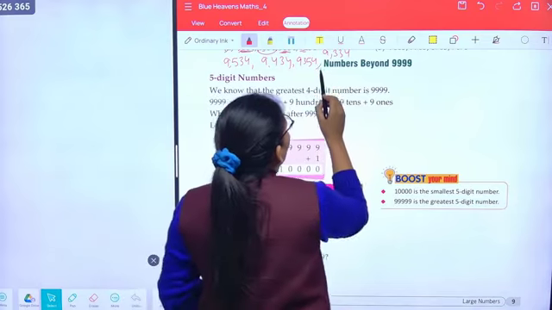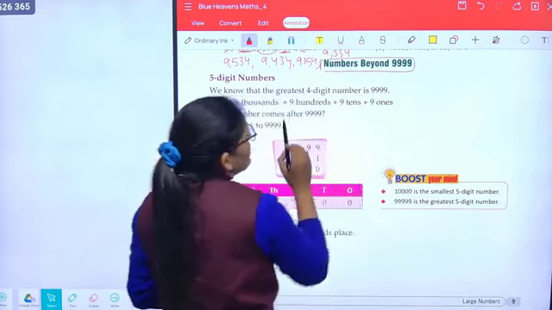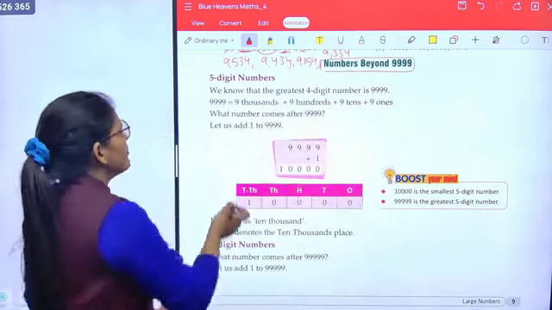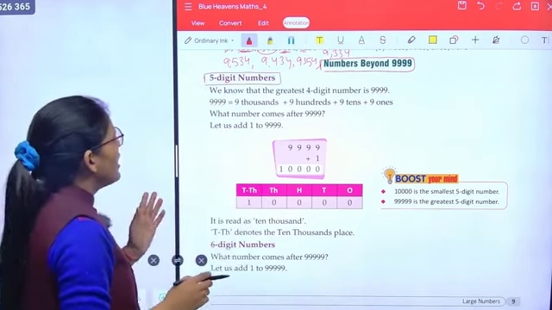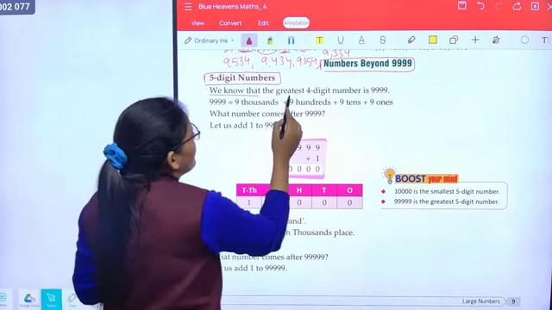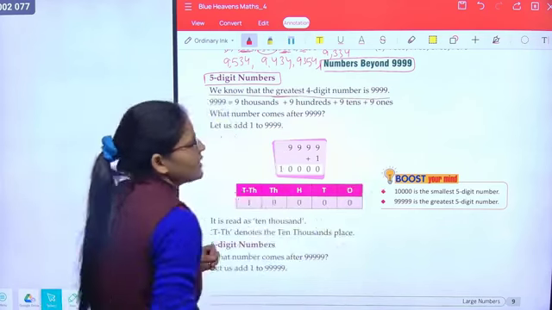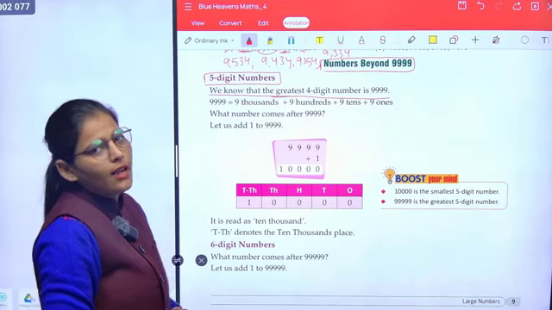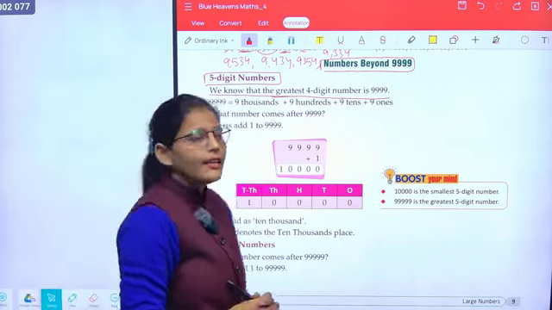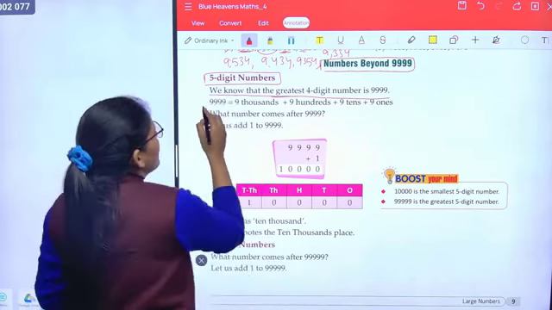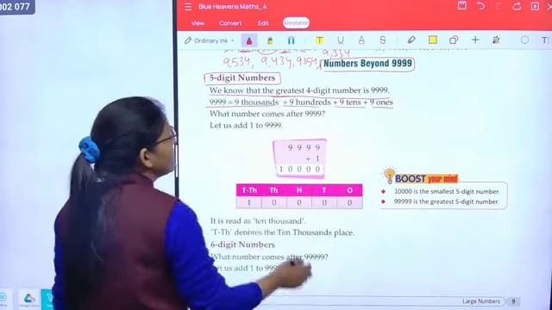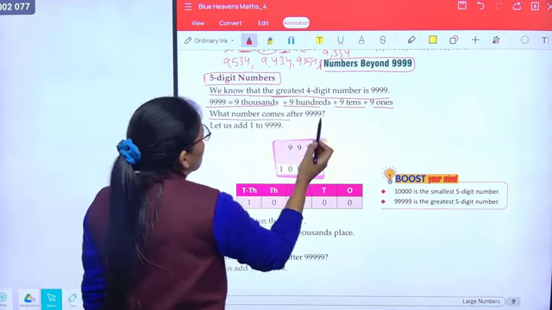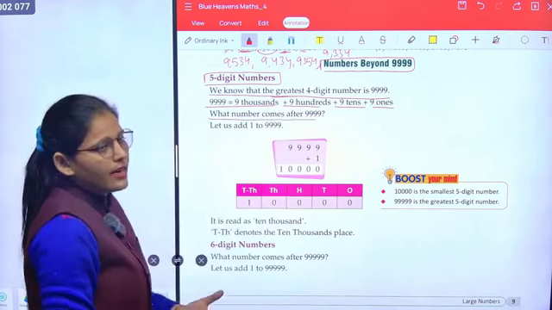Now students, come on to numbers beyond 9999. Now 5-digit numbers. We know that the greatest 4-digit number is 9999. So in that, 9 hundreds, 9 tens, 9 ones. Understand? What number comes after 9999?